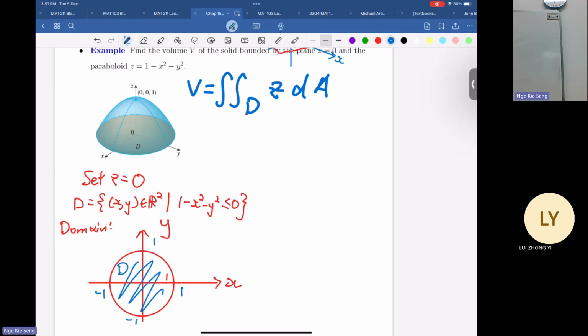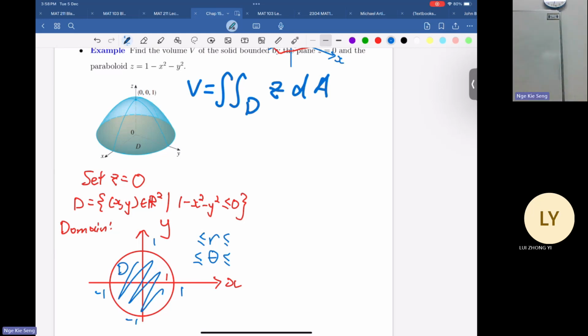You have to describe your curve in terms of square roots. Square roots in integration are very troublesome, and we want to avoid them. So we will use polar. So how do you describe this region using r and theta? r going from where to where?